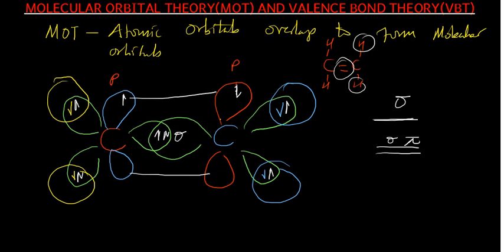There's a single bond here, and then there's a pi bond. Notice that we only have one double bond in ethene. That's why there's only one sigma bond and one pi bond. And then a triple bond contains one sigma bond and two pi bonds. Okay, we are going to notice where that comes from.